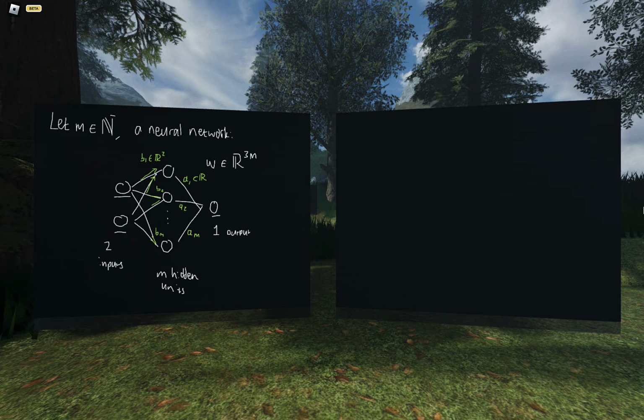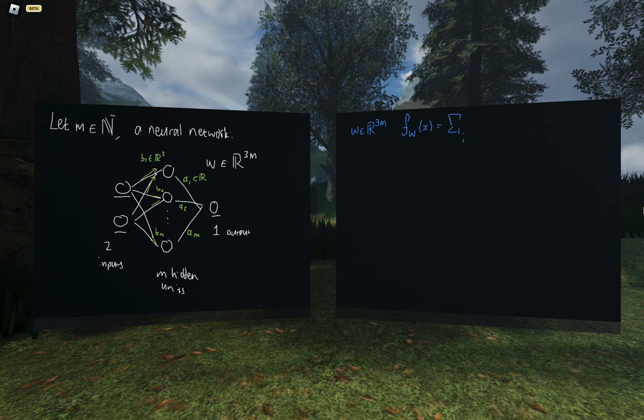If you have a parameter, it might be that there's some way you can rearrange the weights and implement the same function. So what I mean is for a particular w that is in our parameter space, we've got a function fw, which looks something like this. It's the sum over all of the units of the output weight multiplied by the hyperbolic tangent activation function times the input weight vector in a product with the input vector.